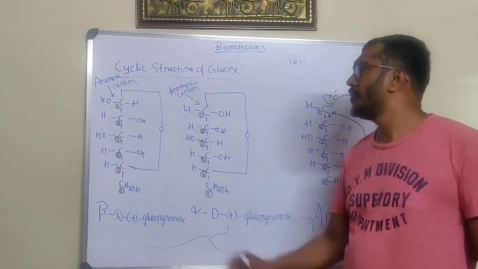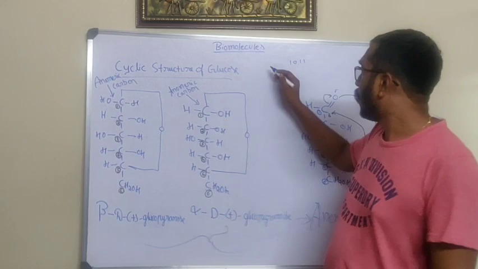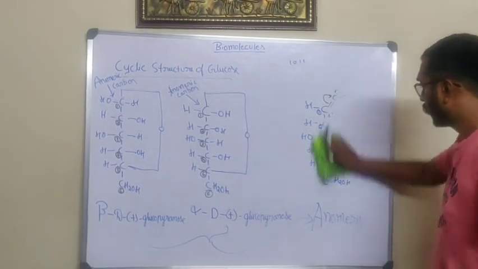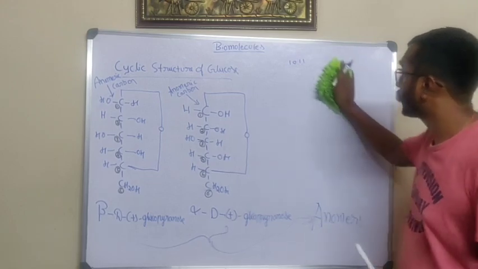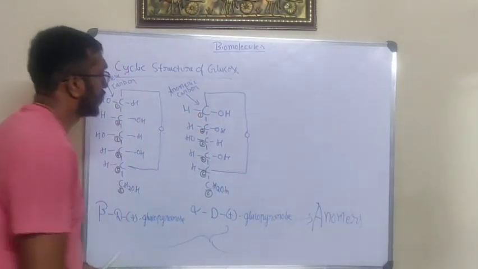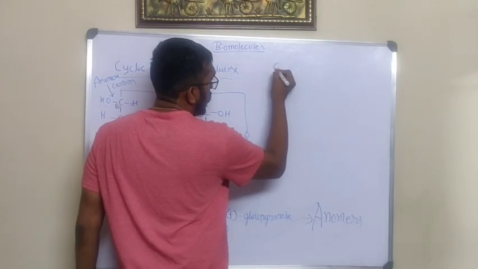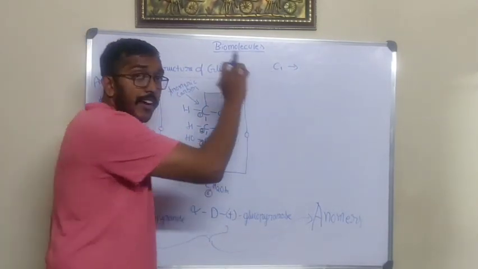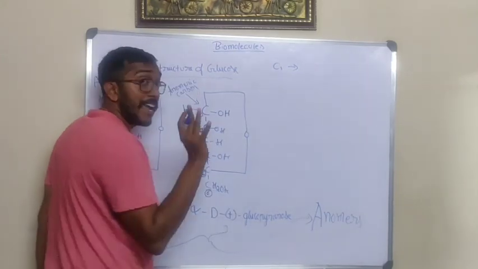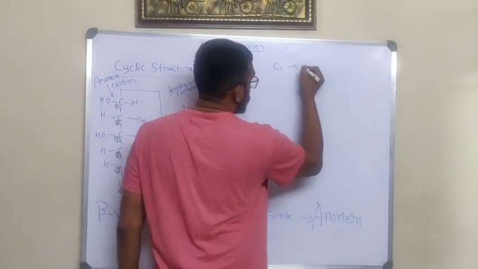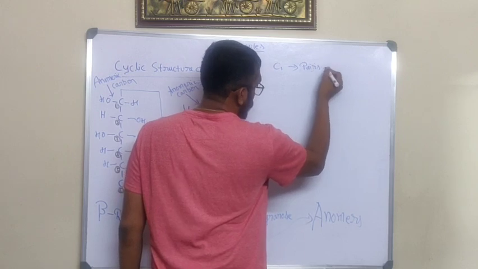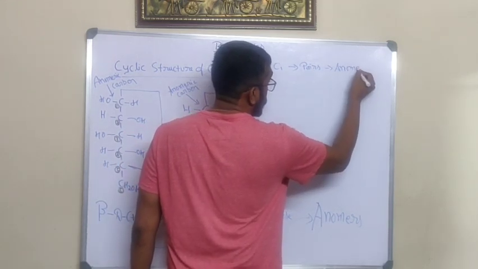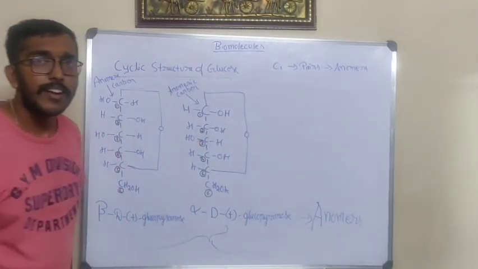One more concept is there, so I am going to erase this. If a position changes in carbon 1, then those two pairs are called anomers.